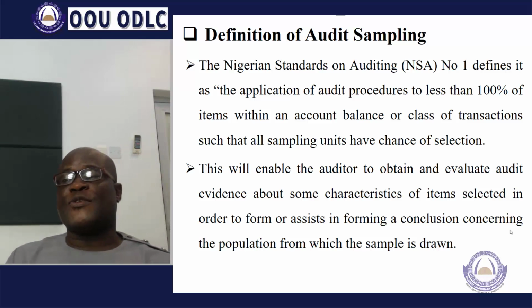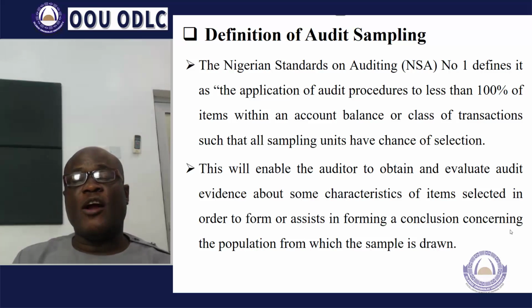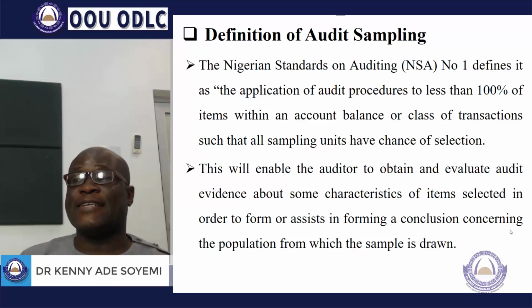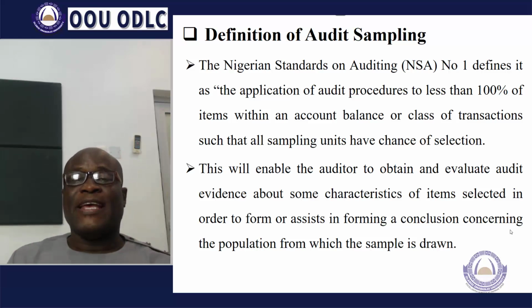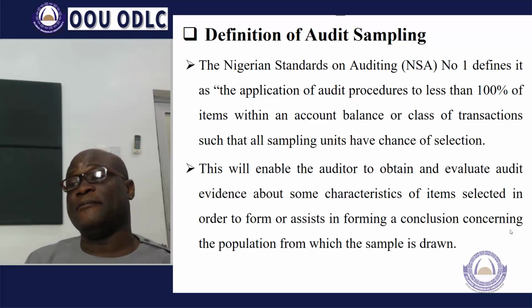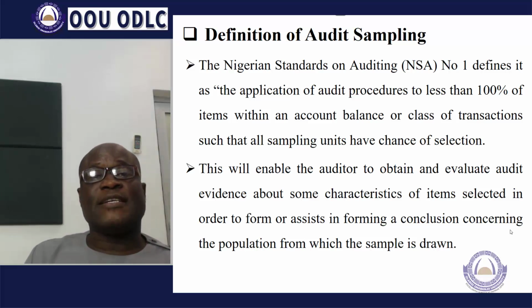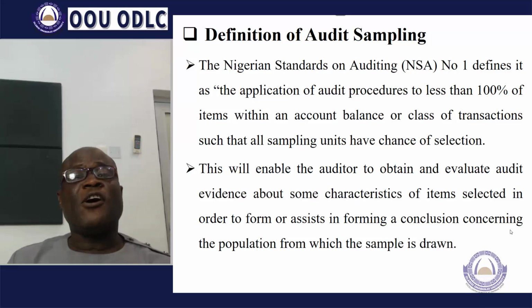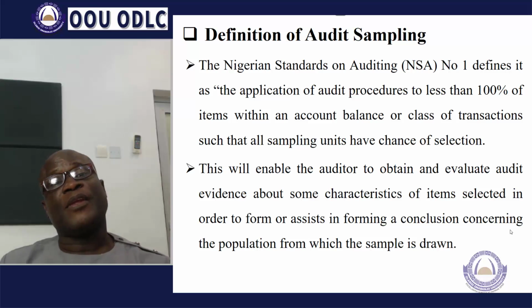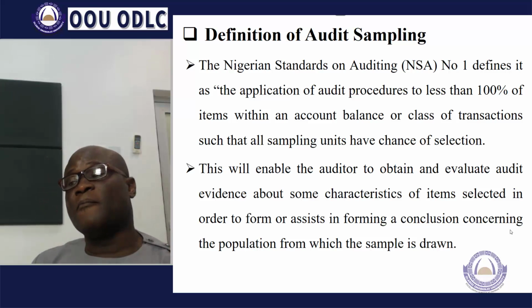The first one is to select all items, that is 100% check, which is tantamount to testing every item. Aside from that, you can decide to select specific items using predetermined criteria. And the last one is audit sampling. The focus of this lecture, which is study section 1, is on audit sampling.